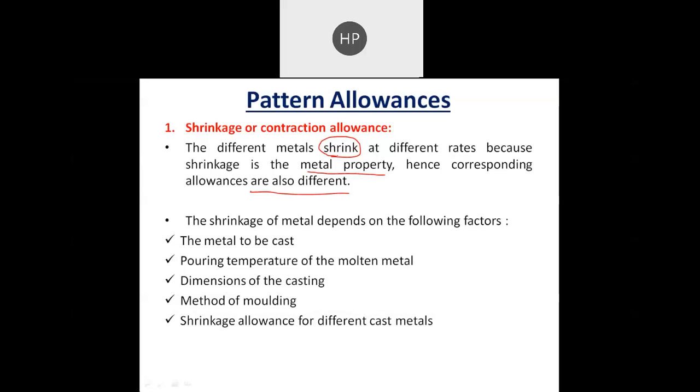So the allowances depend upon the metal, which type of metal we are using, and based on that we have to take the allowances. That's why before we use any material we should have the knowledge regarding the metal: what will be its shrinkage, and for what size, what shrinkage is required.